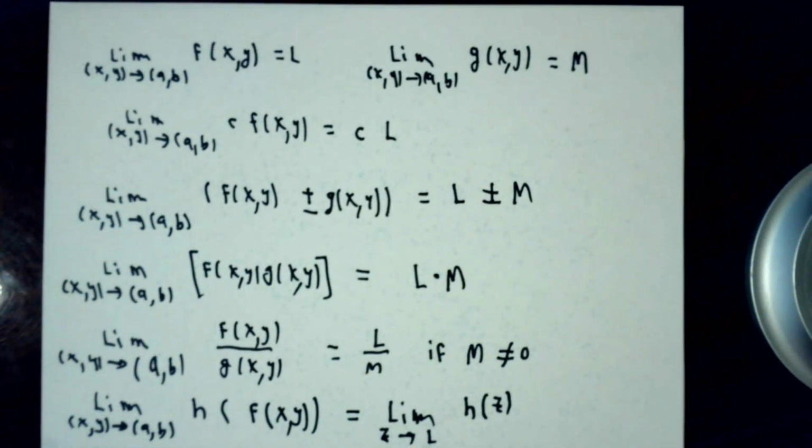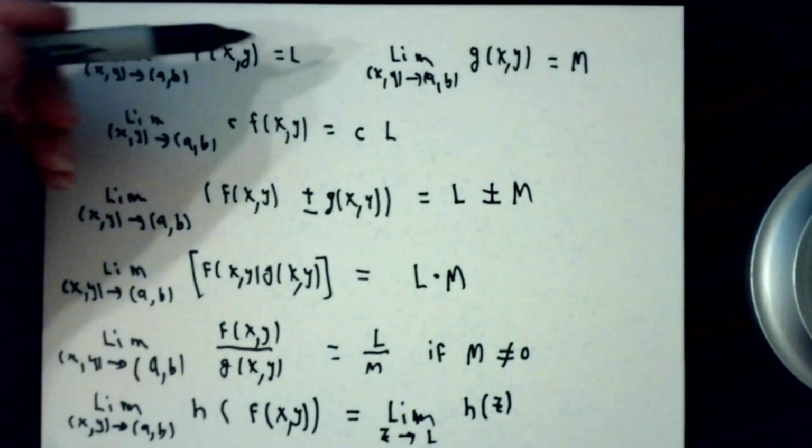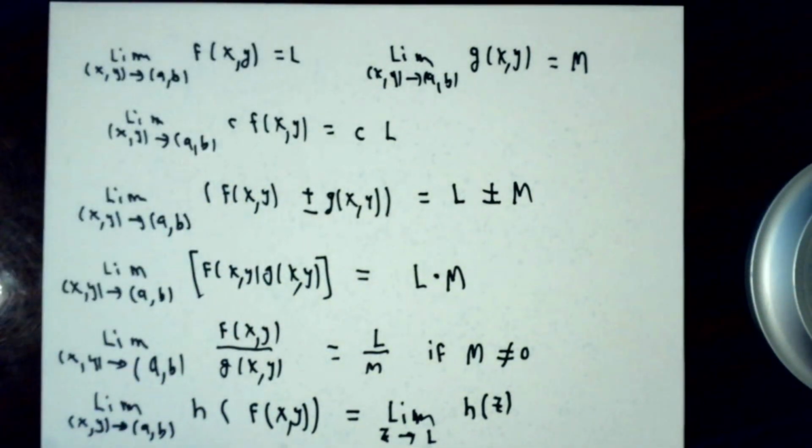Loosely speaking, f of x and y gets close to L, so however h of f of x and y acts is going to be very similar to how things that look like h of z, where z is a number close to f of x and y, act.